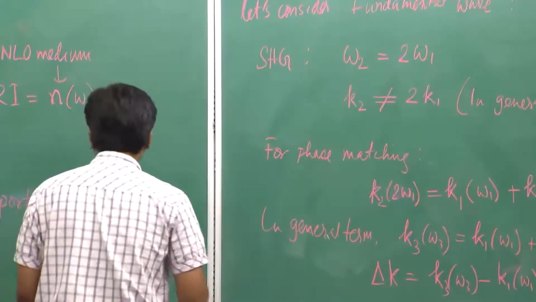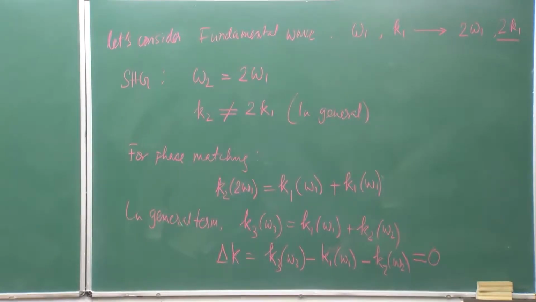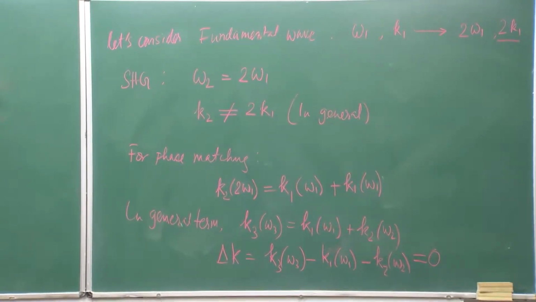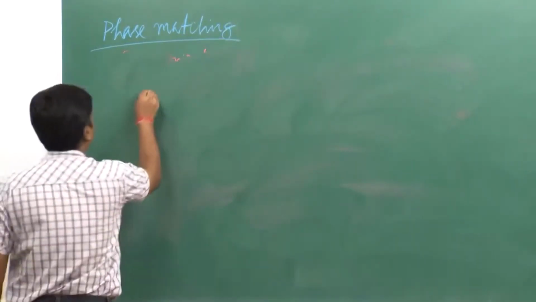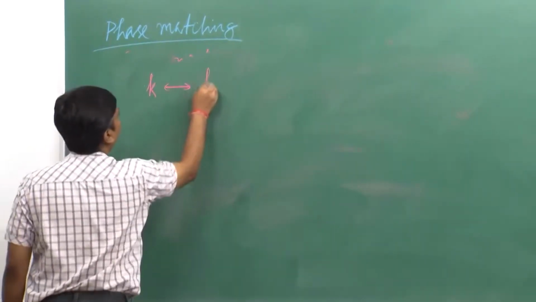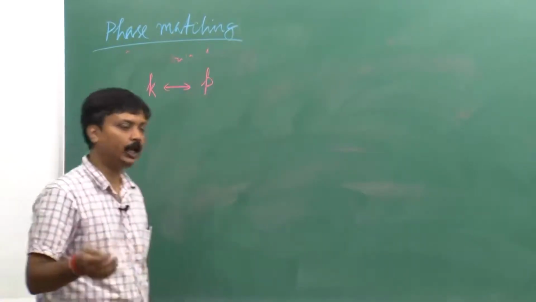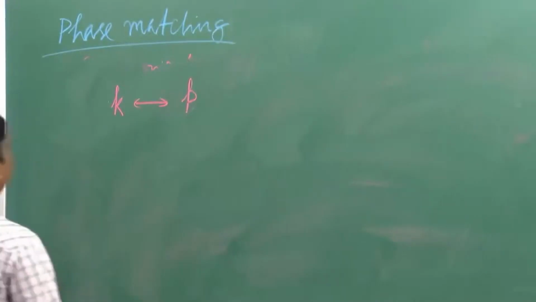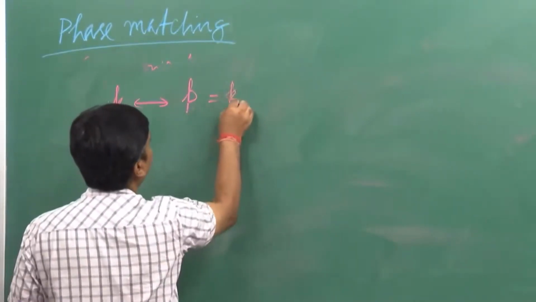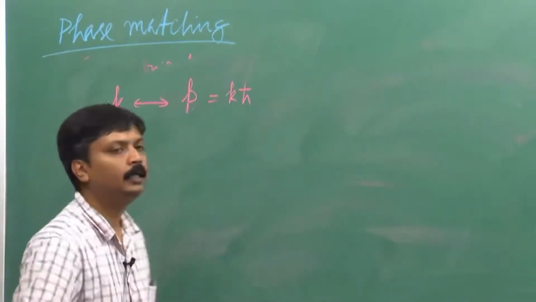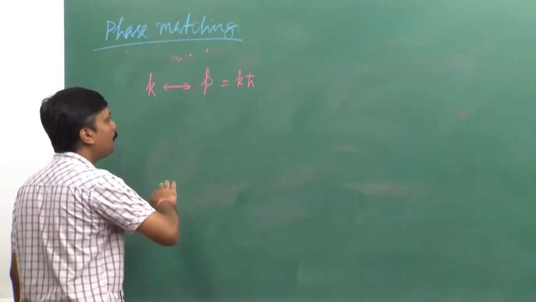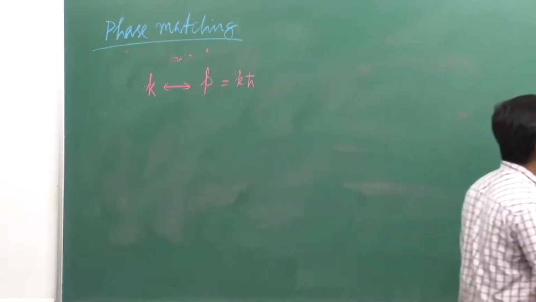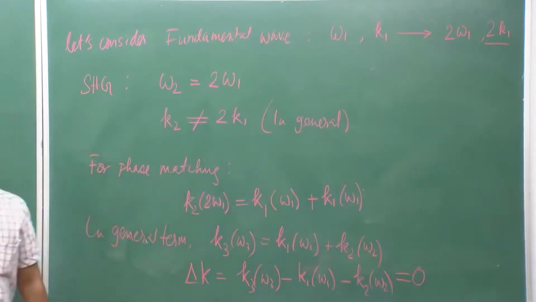Okay. Now, interestingly, this wave vector is related to the momentum, right, because k is related to the momentum p, which is k h cut, correct. So, p equals k h cut. So, this relation simply tells me that essentially what I am having is an energy exchange between different photons, right, coming from the fundamental omega 1 to the second harmonic 2 omega 1.